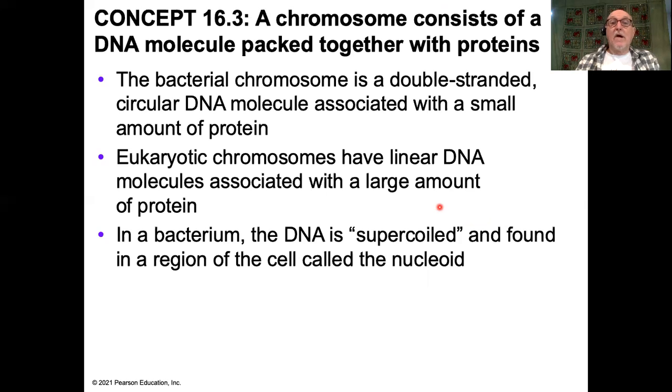So eukaryote DNA is linear. The prokaryote chromosome is circular, but all of the eukaryote chromosomes are actually single DNA molecules of great length. They are associated with a set of proteins called the histone proteins.